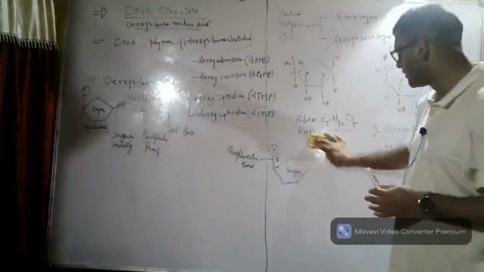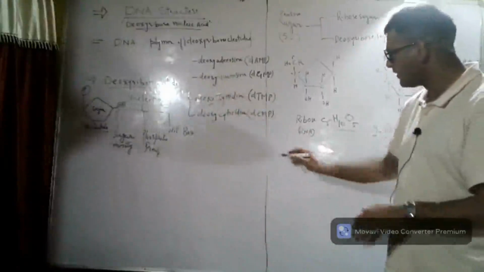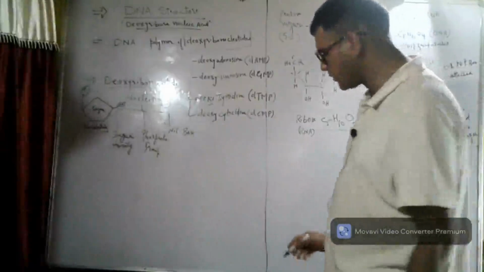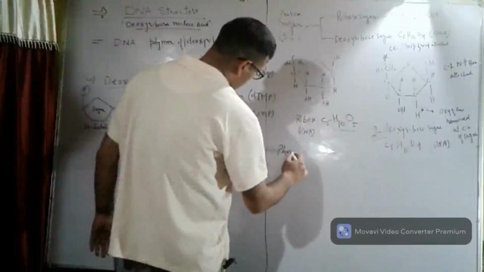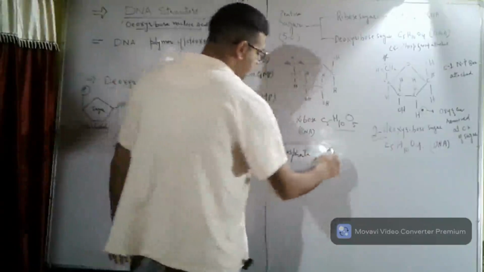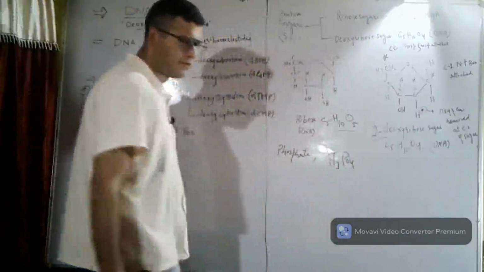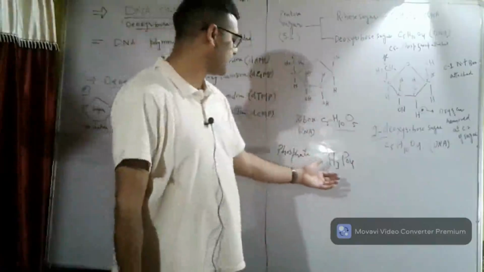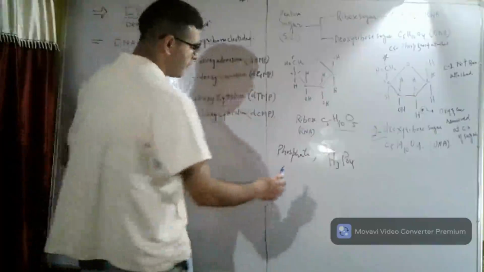So then this was regarding the ribose sugar, deoxyribose sugar. Then we have another one, that is phosphate group. We have phosphate component, phosphate. It is derived from H3PO4, phosphoric acid. In cells, this phosphate group is derived from phosphoric acid, H3PO4.